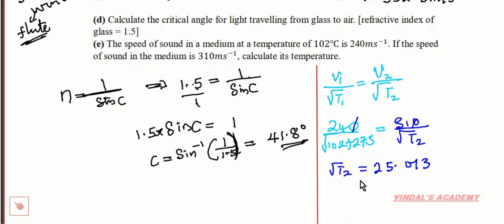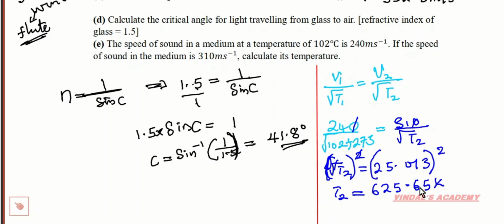When you square both sides, the square will cancel the root, you have only T2, and T2 gives us 625.65 in Kelvin. And then that is the question.